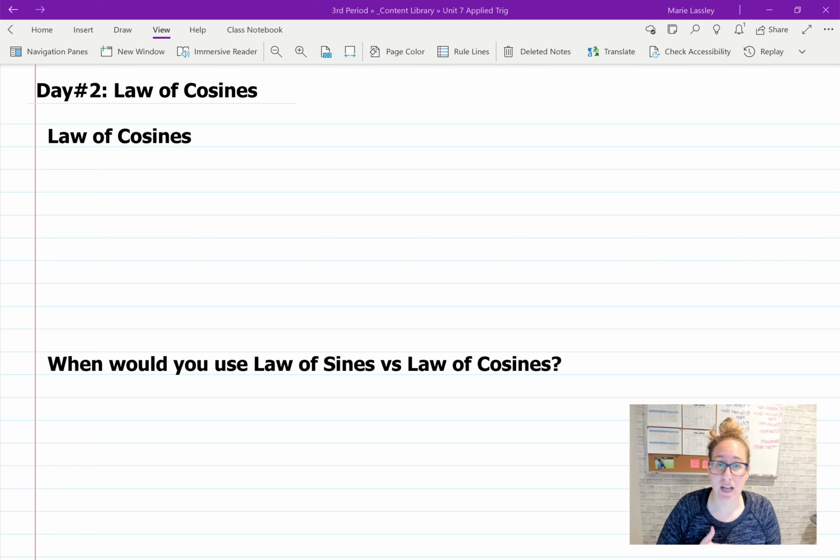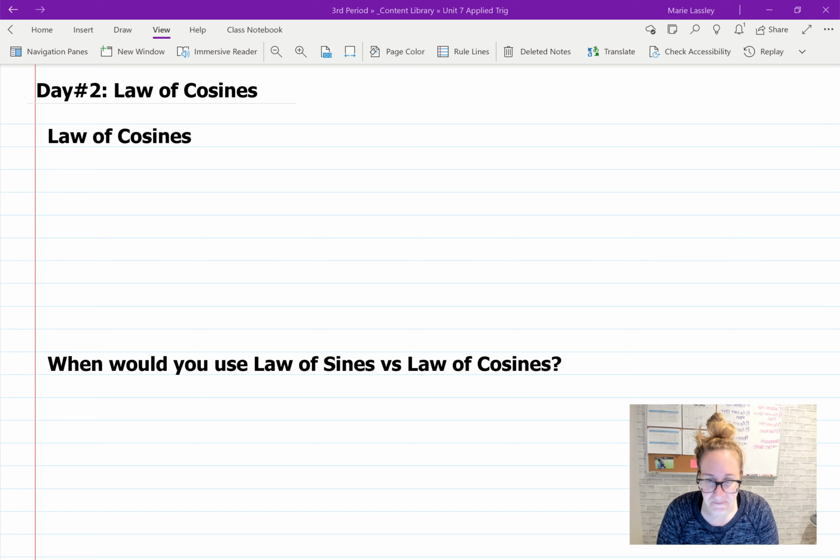Well, law of cosines has its own limitations, but it can help you solve some of the triangles the law of sines could not do, such as a triangle when you're given only sides, no angles. Whereas law of sines, you need at least one angle and you need at least one side. Well, with law of cosines, you don't need to know an angle. You can find the side lengths without knowing any of the angles, or you can find the angles if you only know sides. I guess that's better what I probably should have said.